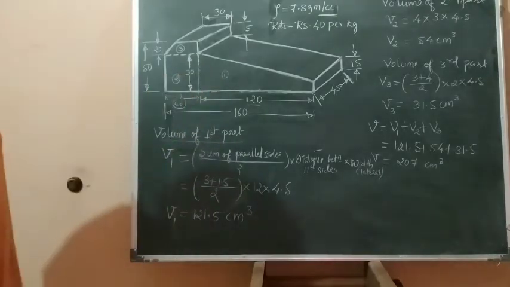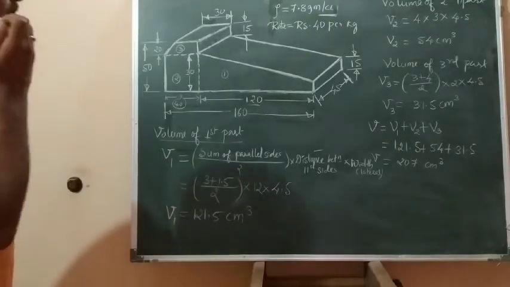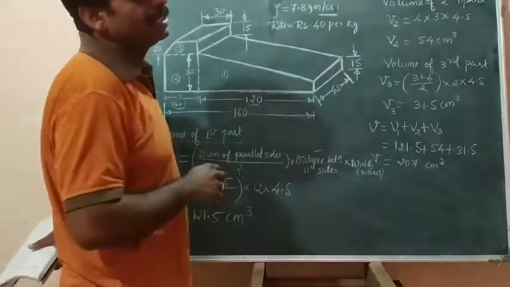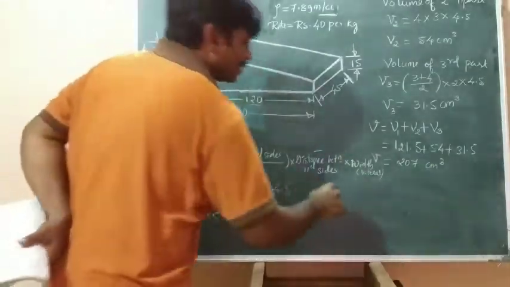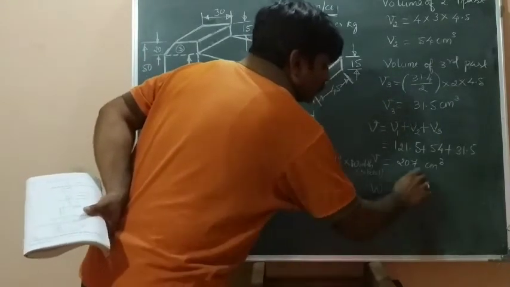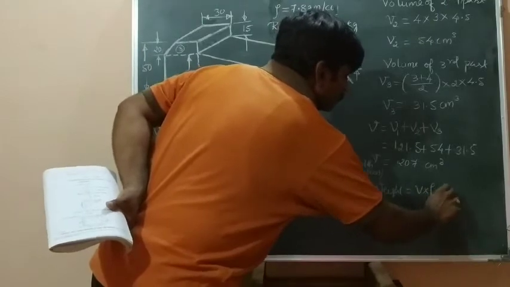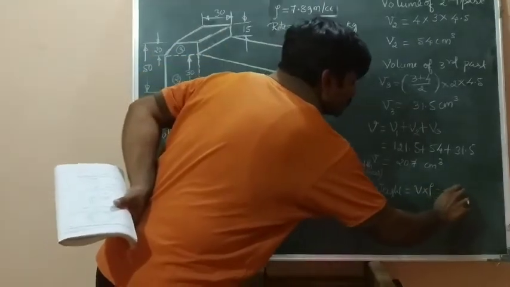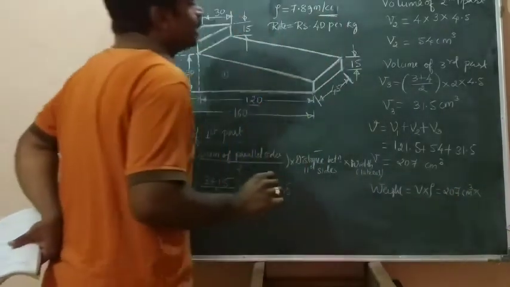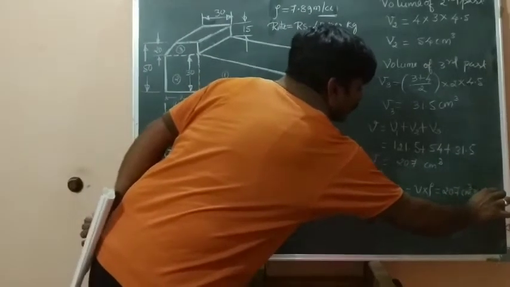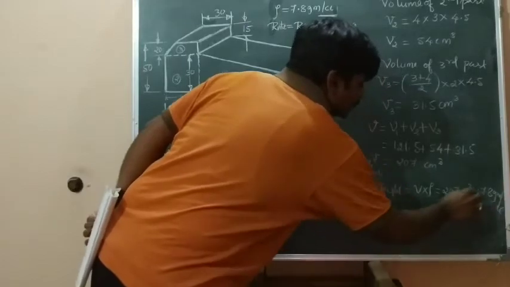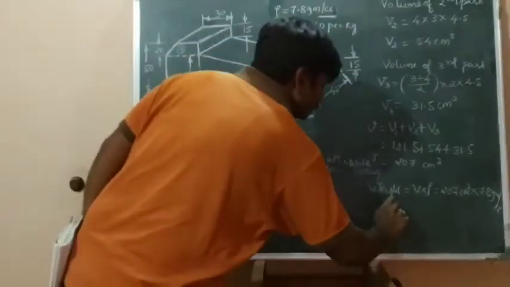Now, once you get the value of V, the next step is to multiply the total volume by the density to get the weight. So weight is equal to volume V into rho. V is 207 centimeter cube into density 7.8 gram per cc. The centimeter cube gets cancelled.